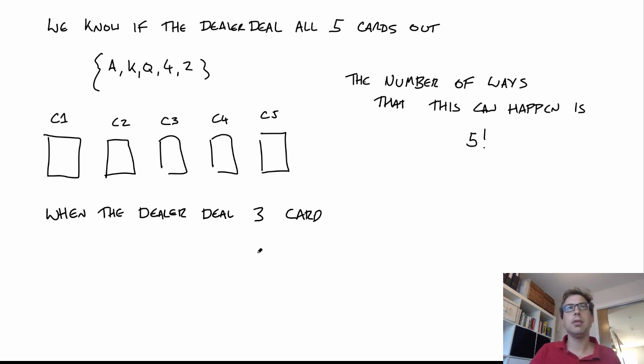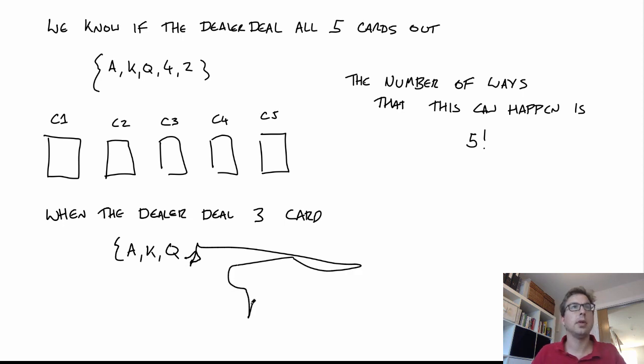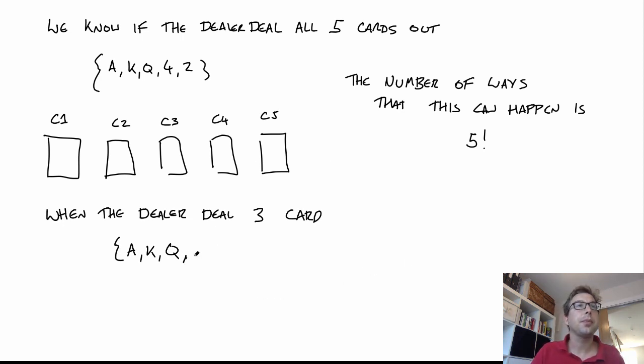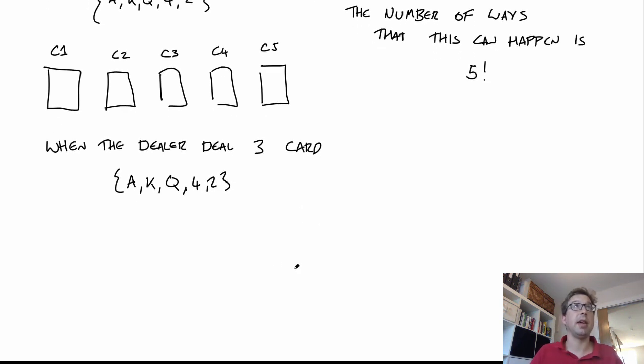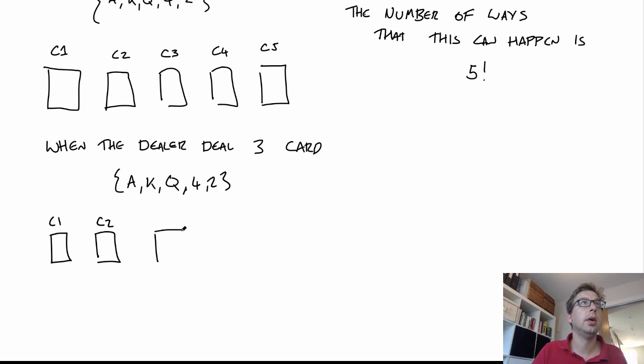So if we thought of it that way, the dealer would take his set and deal out the 3 cards: card 1, card 2, and card 3, and in his hand would have the 2 remaining cards that he hadn't dealt out.